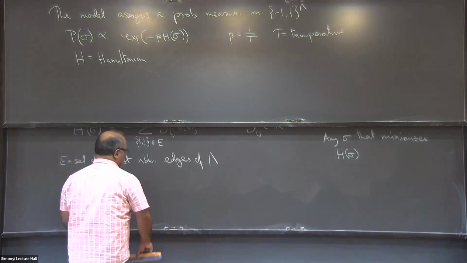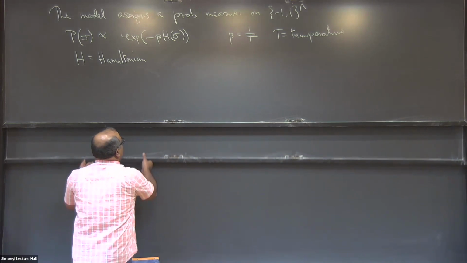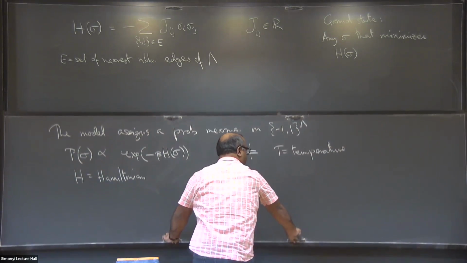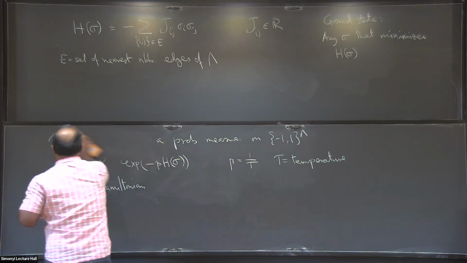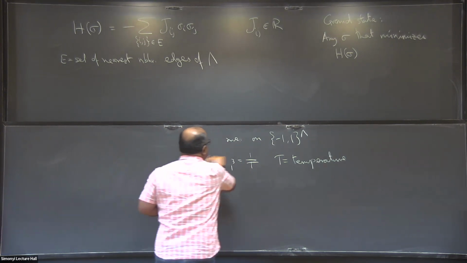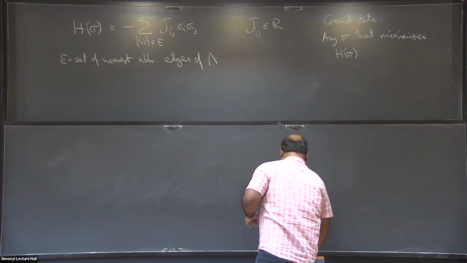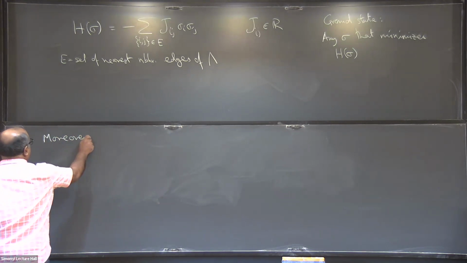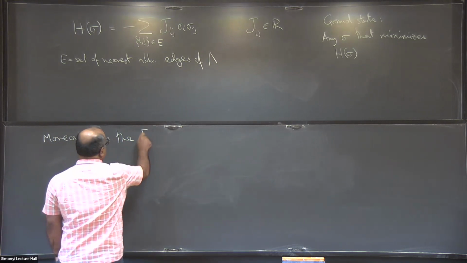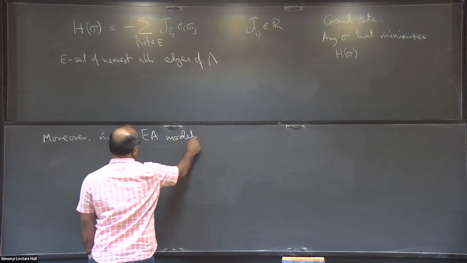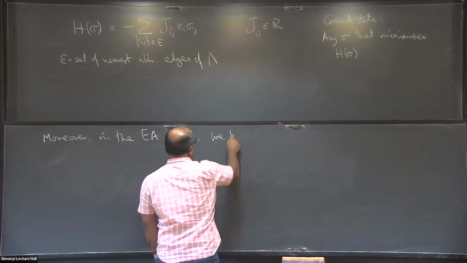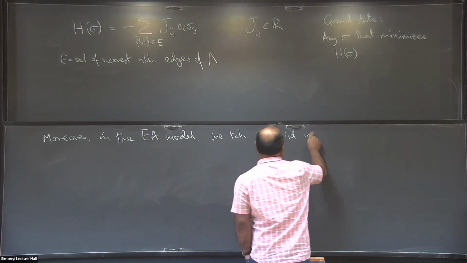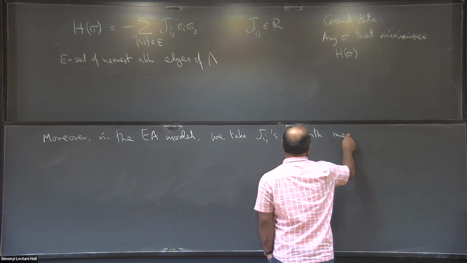So IID random variables, and moreover, in the Edwards-Anderson model, we take Jijs IID with mean zero.